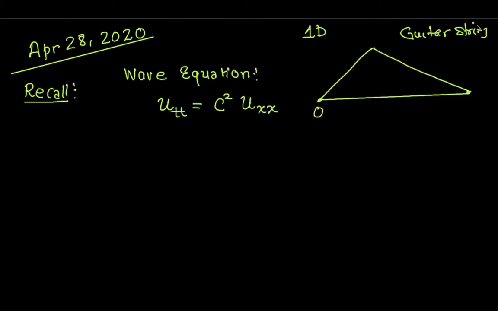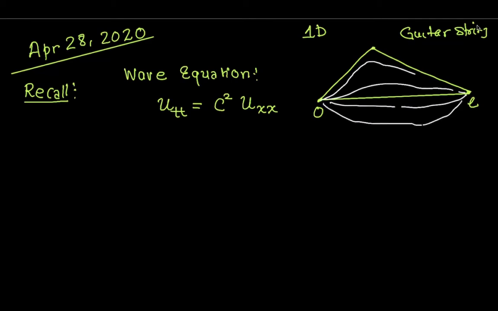This is 0, and the length of the guitar string is L, from 0 to L. Then you let it vibrate. After a certain number of seconds it will be here, then it will come here, and then here, vibrating back and forth.